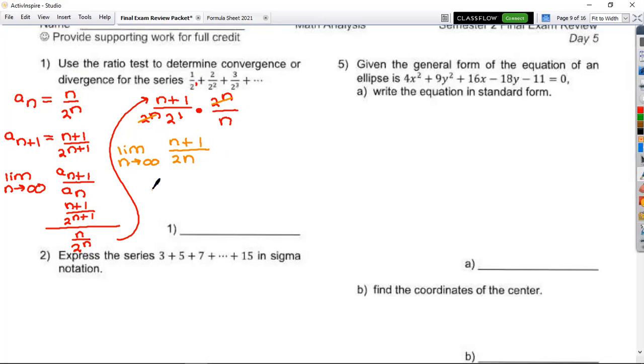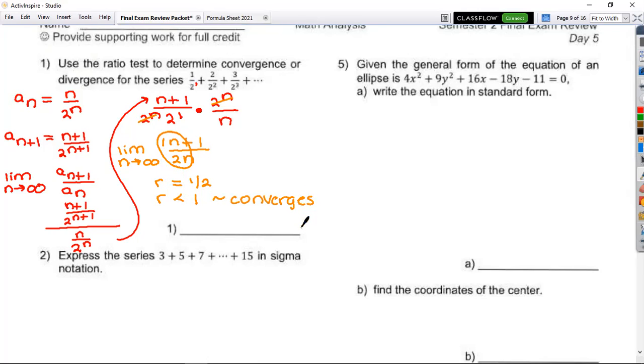You guys know that at this point? I would hope so. So here's the 1, here's the 2. So this limit right here would just be 1/2. And anytime you get an R value less than 1, this is going to be a series that converges. So that would be your answer with all of your justification.